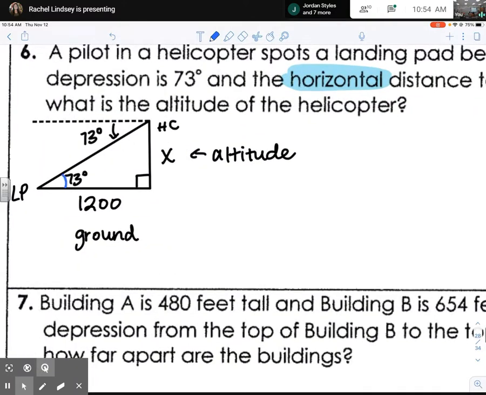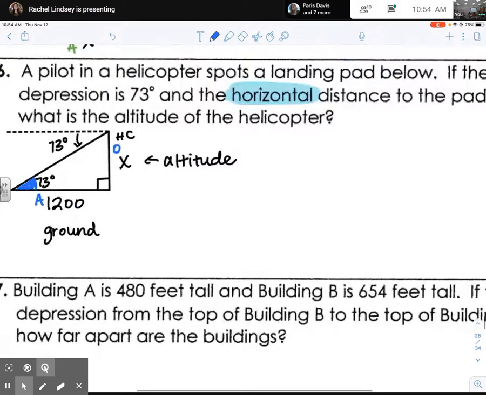Looking at our angle 73, x would be opposite, 1,200 would be adjacent. So we're going to use tangent. The tan of 73 equals opposite x over adjacent 1,200.